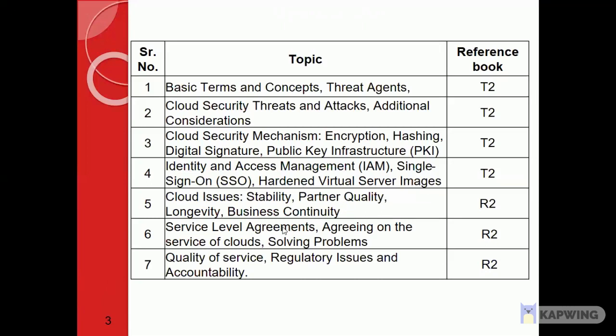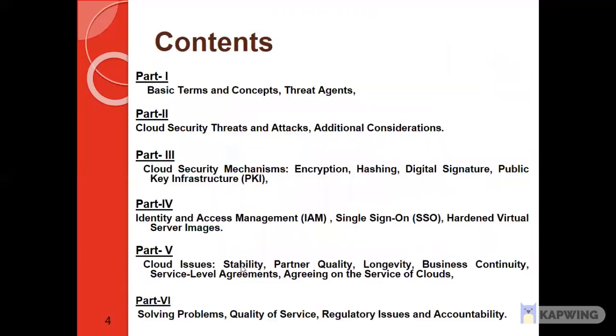Then what are the different issues in cloud? That is stability, partner quality, longevity, business continuity, service level agreement, agreeing on the services of cloud, solving the problems, quality of service, regulatory issues and accountability.